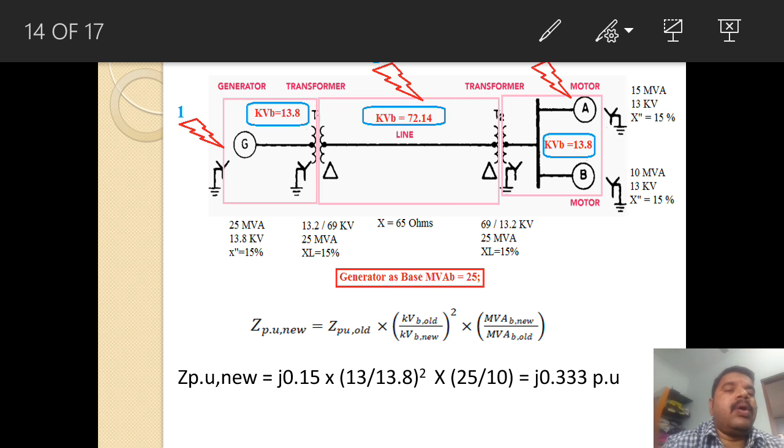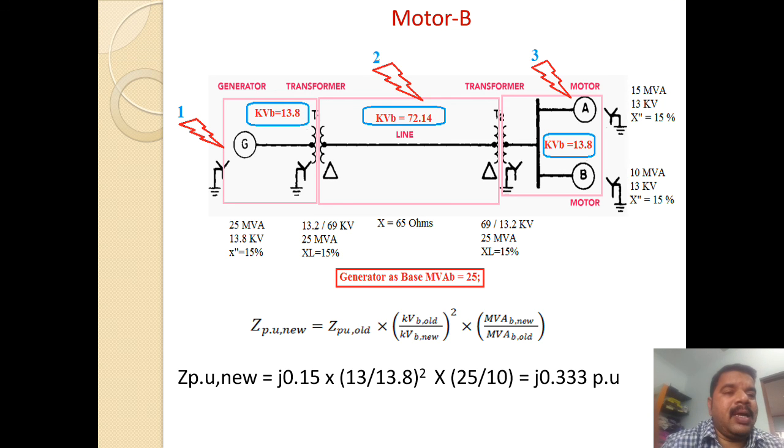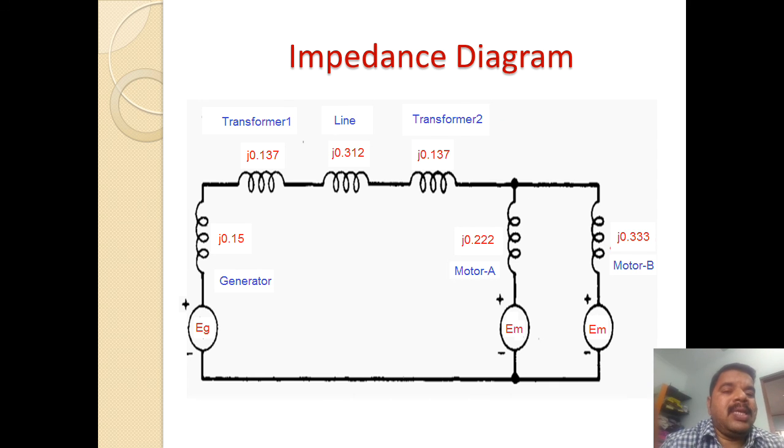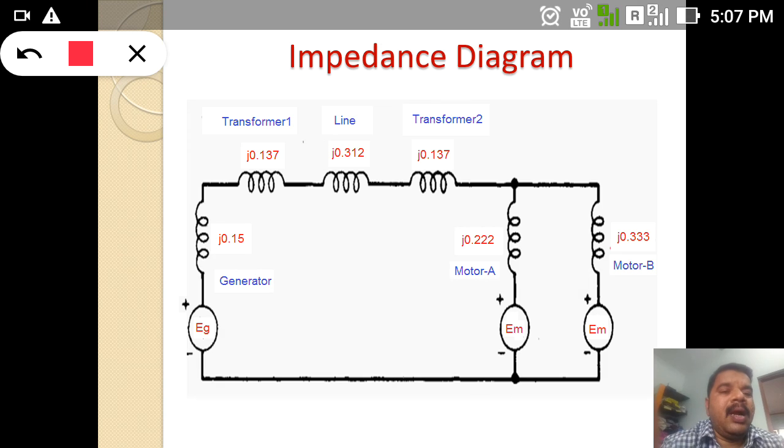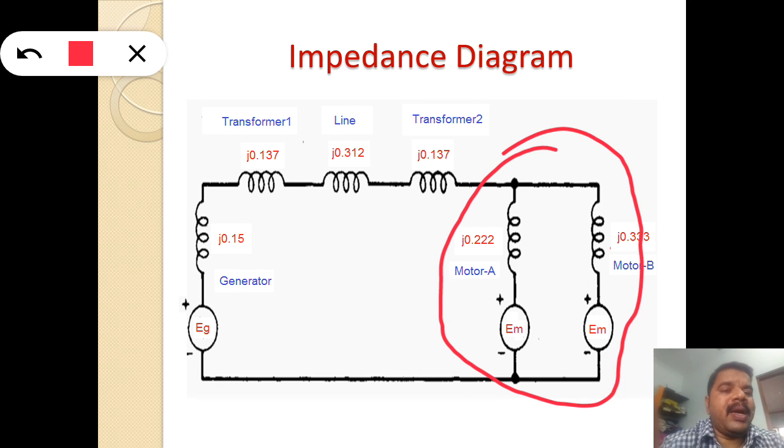So to draw the impedance diagram here, the generator, transformer T1, line and transformer T2 will all be connected in series, except that the remaining motor A and motor B will be connected in parallel. Along with transformer T2, motor A and motor B are connected in parallel.